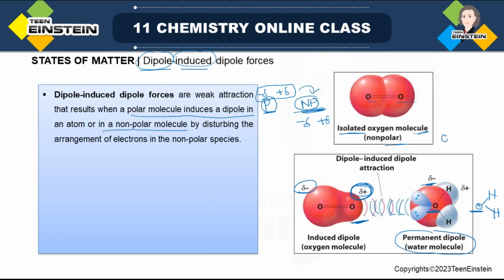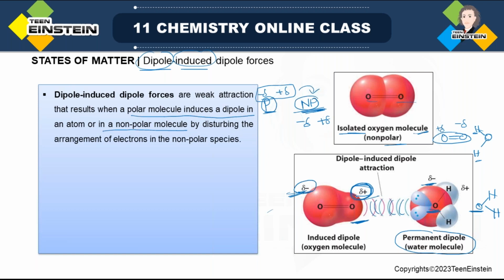But suppose you write the water molecule the other way, then it will be opposite. Now in this non-polar molecule, del negative will be on this side and del positive on this side, because now I have written the H atoms towards the O2 molecule. Okay, so depending on how you draw it, you can draw the induced dipole, that is, which side you place del negative or del plus.